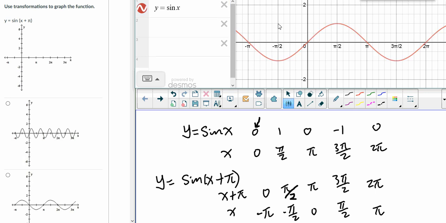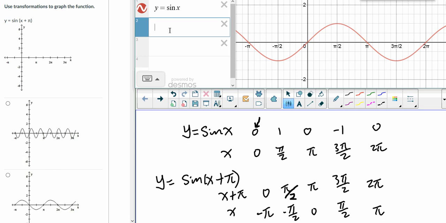Okay, somewhere here. And then this point will be here. So it's like this piece will be shifted like this. And then this part will be shifted like this. So the graph is basically shifted pi units to the left.